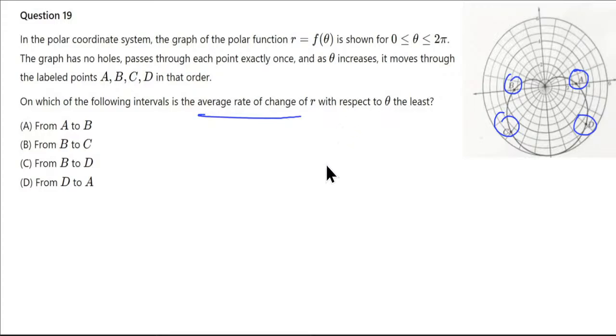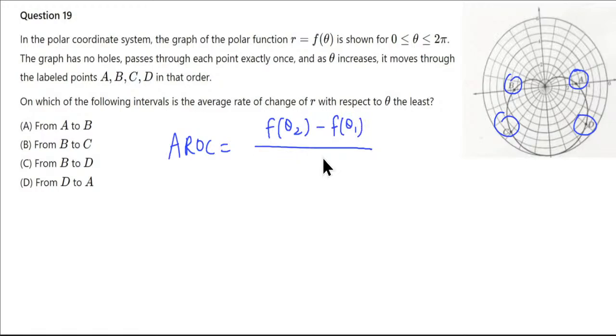So first of all, what is the formula for the AROC in the case of polar curves? AROC is given by f theta 2 minus f theta 1 over theta 2 minus theta 1, when we go from some angle theta 1 to some angle theta 2.